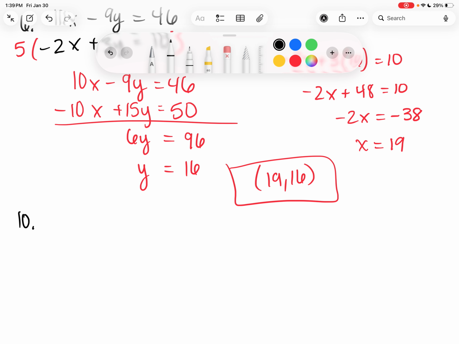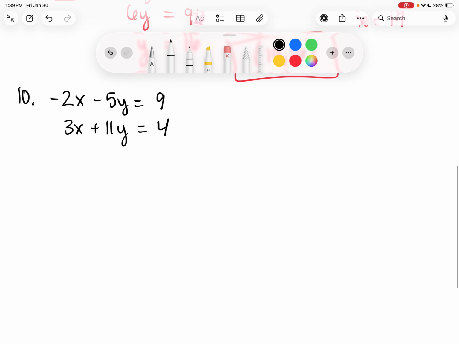Negative 2x minus 5y equals 9, and 3x plus 11y equals 4. All right, so does anything have the same number, opposite signs? No. Nope. Now, I do see opposite signs, so that's good.